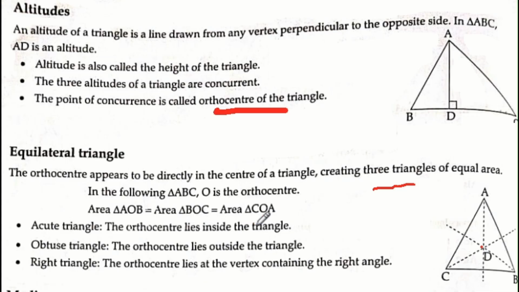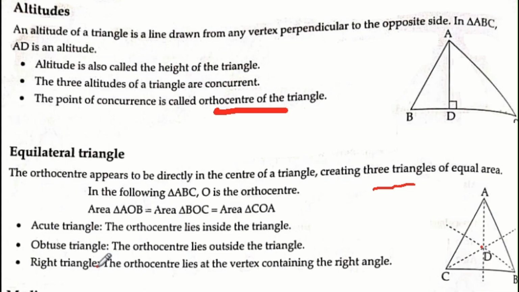Now there are different cases for how the orthocenter acts in different triangles. For acute triangles, that means each angle is less than 90 degrees, the orthocenter lies inside the triangle. But in an obtuse triangle, that means any one of the angles is more than 90 degrees, its orthocenter lies outside the triangle.